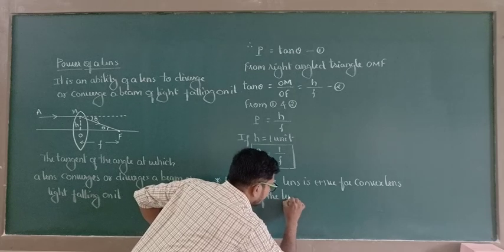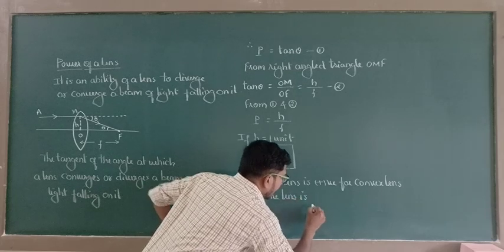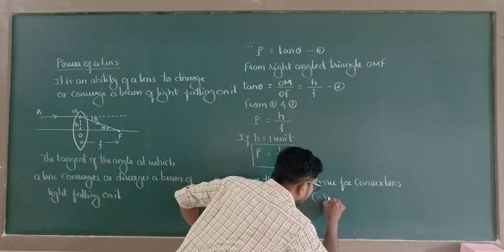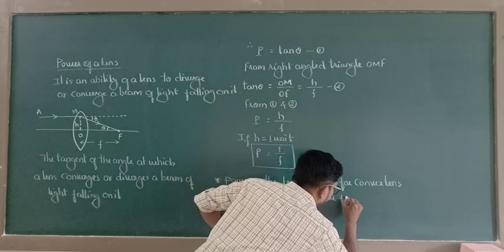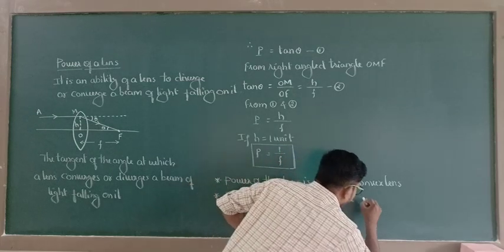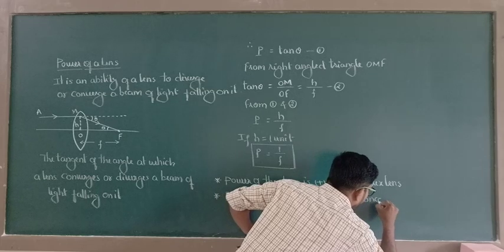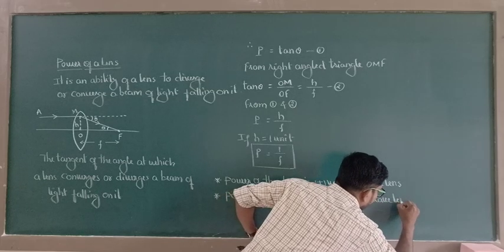Power of the lens is negative for concave lens.